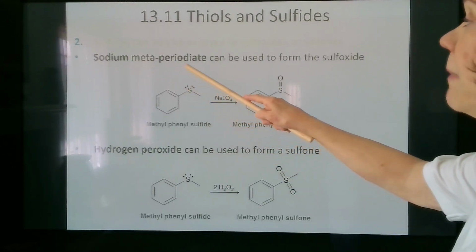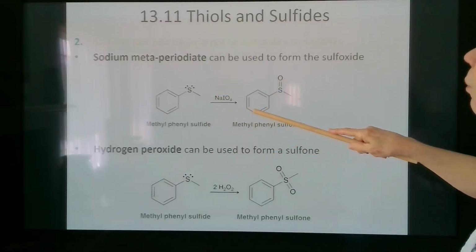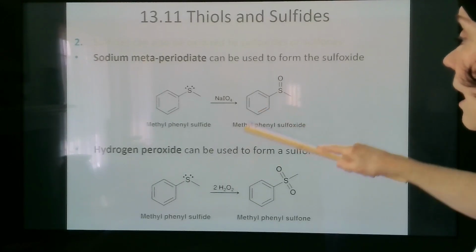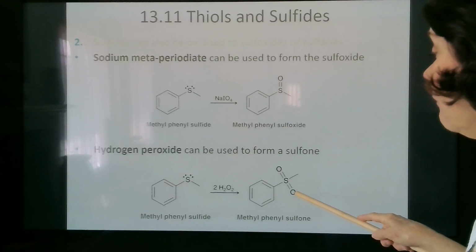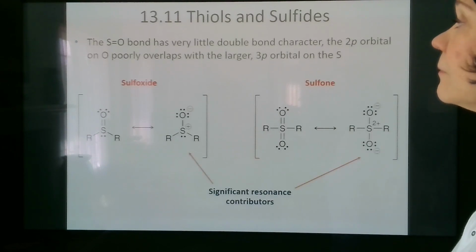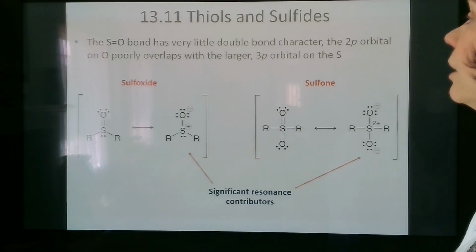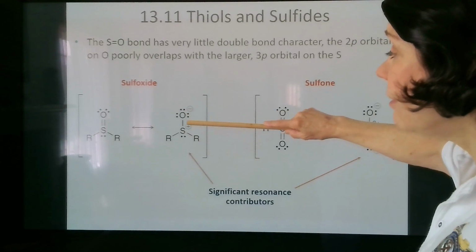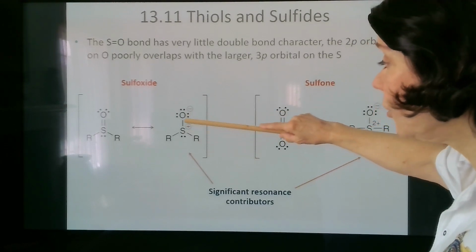So sodium metaperiodate will give you the sulfoxide. Hydrogen peroxide will give you the sulfone. The SO bond has very little double bond character.